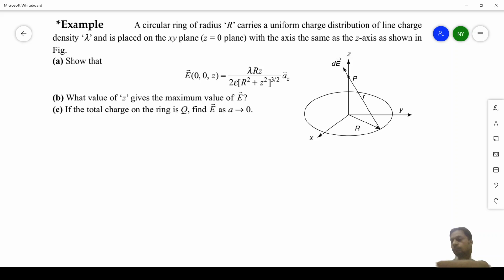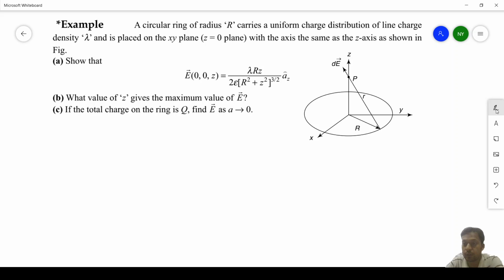So let us start with part A. This is the condition for the line charge distribution, and this is the ring.